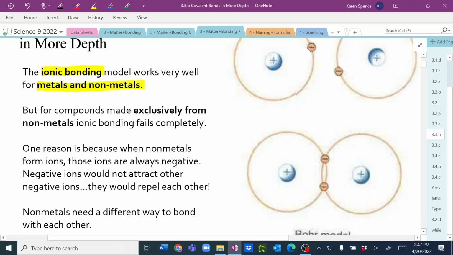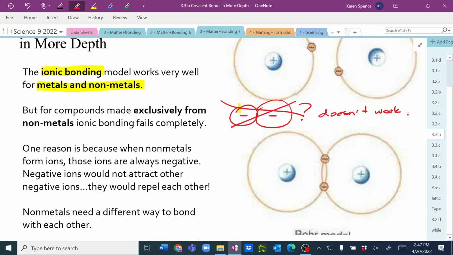Could you imagine a negative particle beside a negative particle? Would that work? No. Okay, it doesn't work. You can't have an electron taker with an electron taker and have one of them take electrons and have one of them give electrons, because they both want to take. So rather than taking, what will they do instead? They will share.